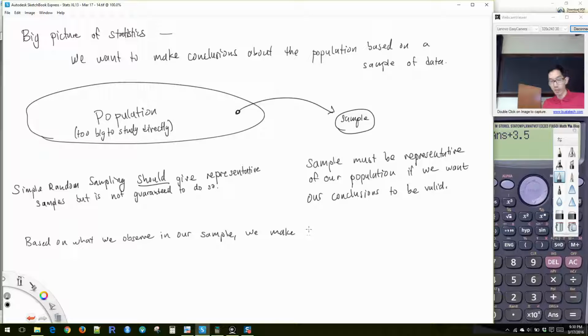We can get them through experiments and observational studies, right? So what do you think is the key difference between an observational study and experiment?